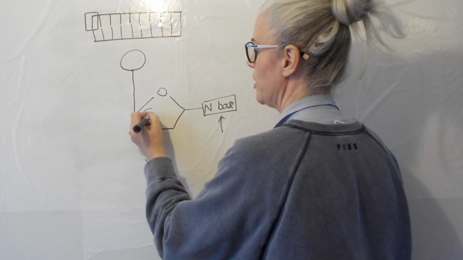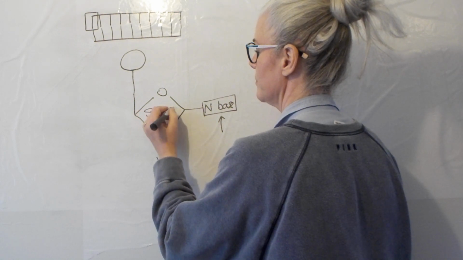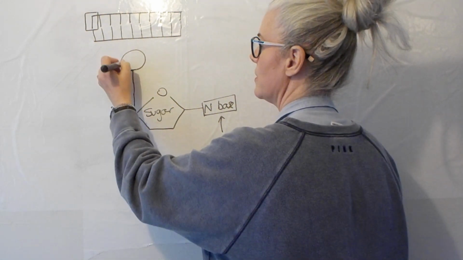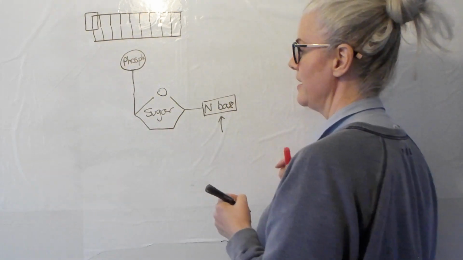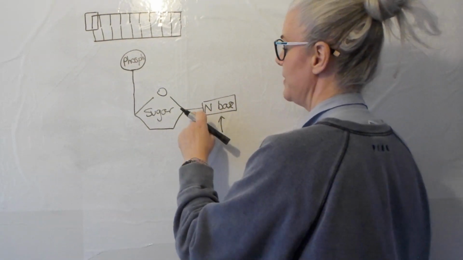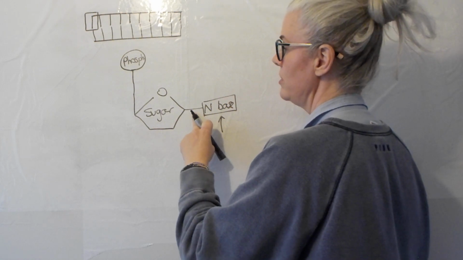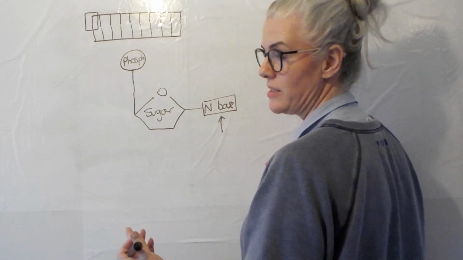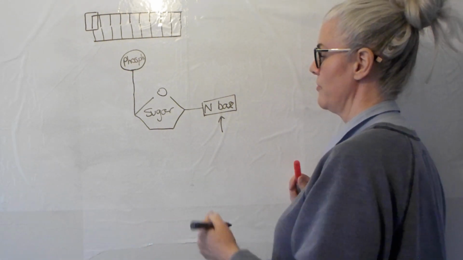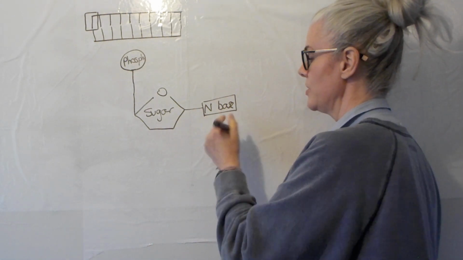So we have a sugar, ribose or deoxyribose, we have phosphate, and we have an N-containing base. This is a glycosidic bond, this is an ester bond. And we've come across ester bonds and glycosidic bonds before. Now, as I said, this is the only thing that changes.